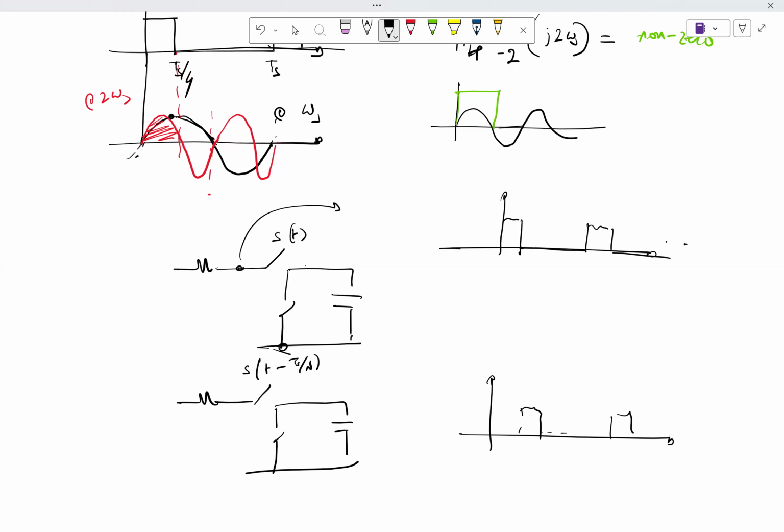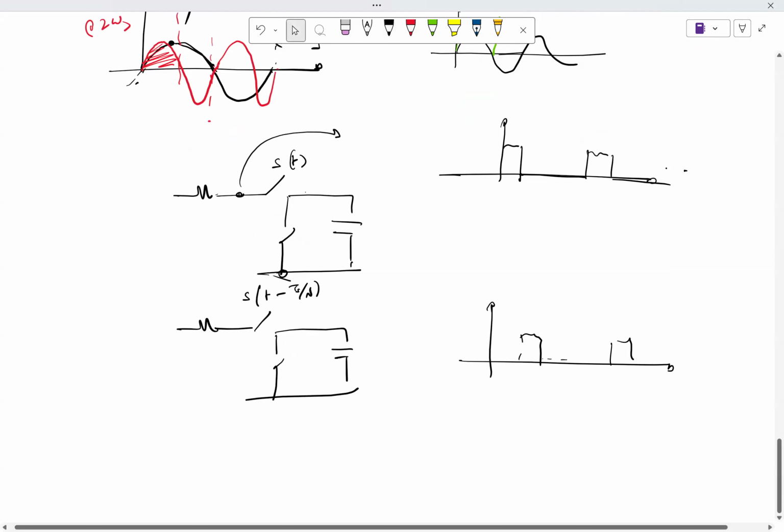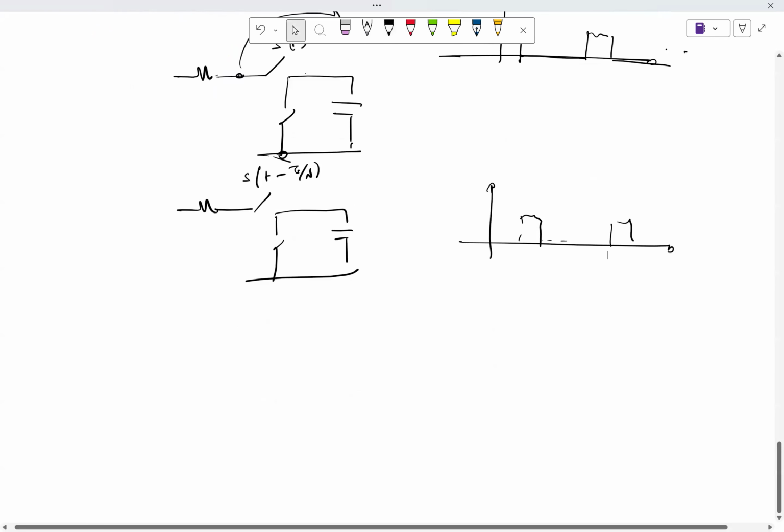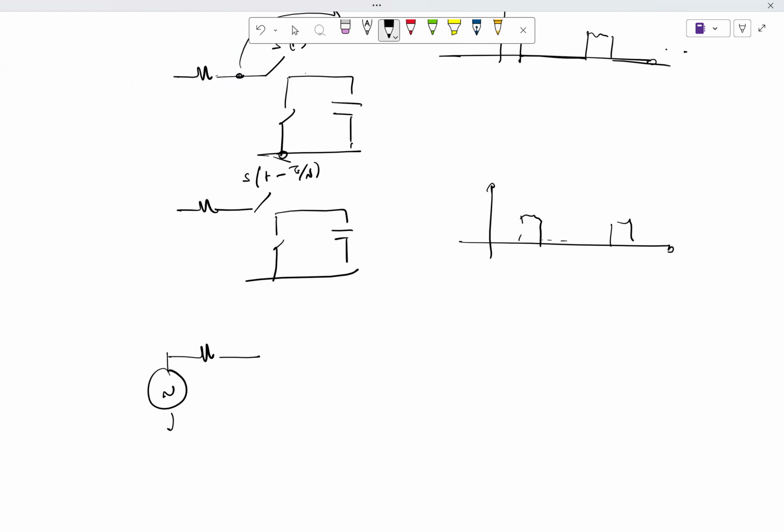When I'm adding them up, what am I essentially doing? All these time shifted versions will stack up next to each other. Correct? So this is equivalent to saying that I have a single RC.